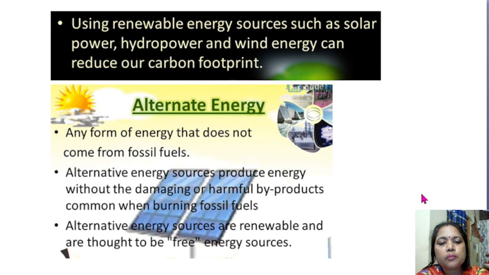So any form of energy that does not come from fossil fuels, we can go for using those. Okay, and alternative energy sources produce energy without the damaging or harmful byproducts common when burning fossil fuels. Okay, and then alternative energy sources are renewable and are thought to be free energy sources.